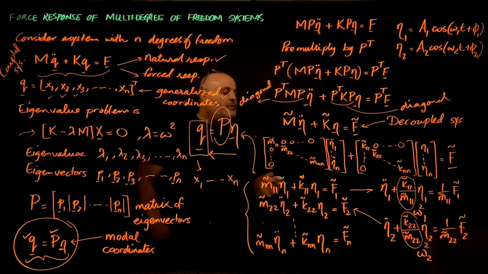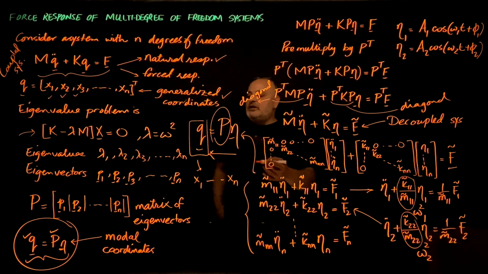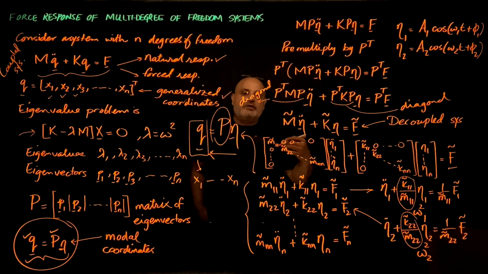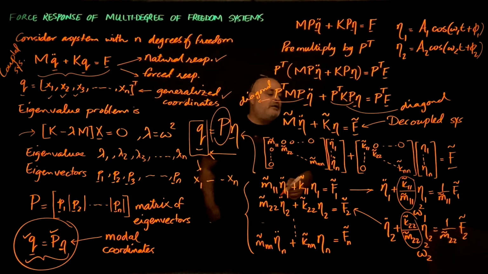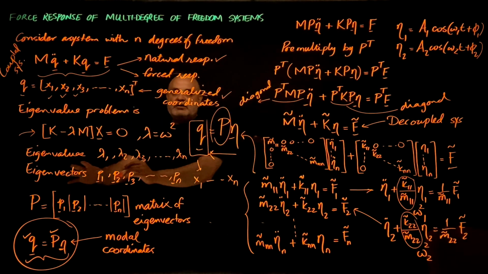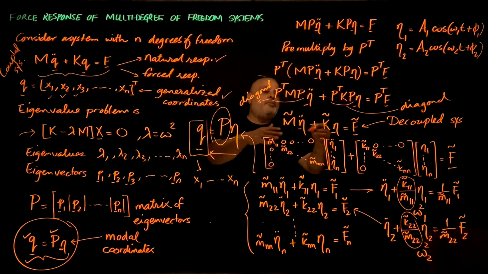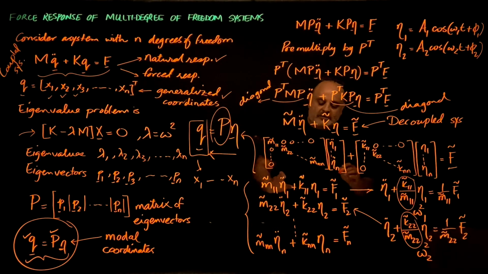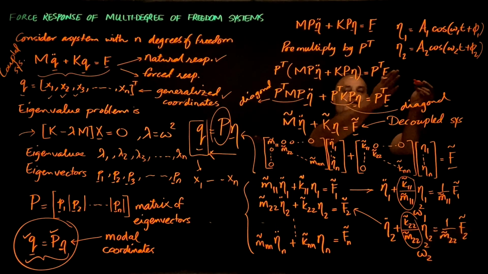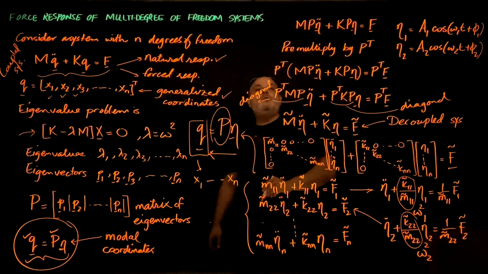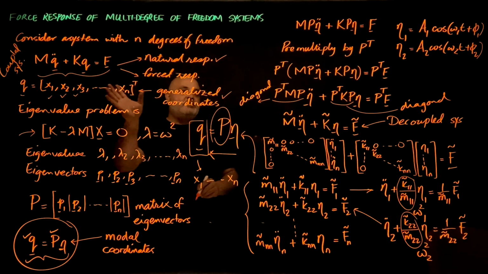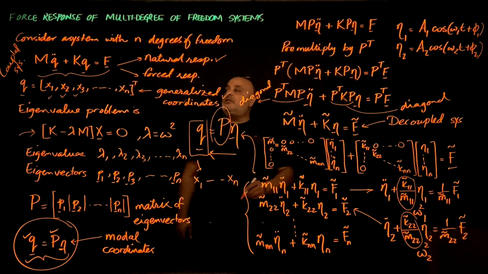Then, using the eigenvectors and eigenvalues that I already determined while solving for the natural response, I will use these vectors to decouple the system, convert it into multiple single degree of freedom systems, solve for etas, and then go back to Q, and this Q will be the forced response of the system. And we'll see a couple of examples on this.